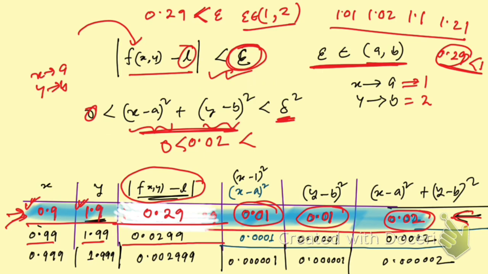So here this is obviously less than some positive number. It may be less than the square of 0.2, and 0.2 squared is 0.04. So it is less than 0.04, right?